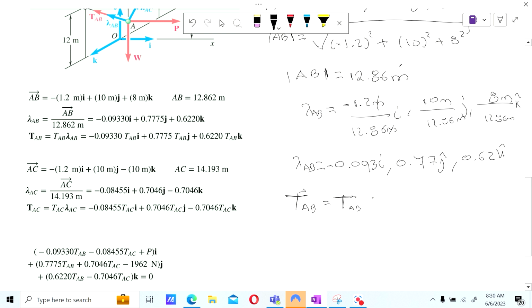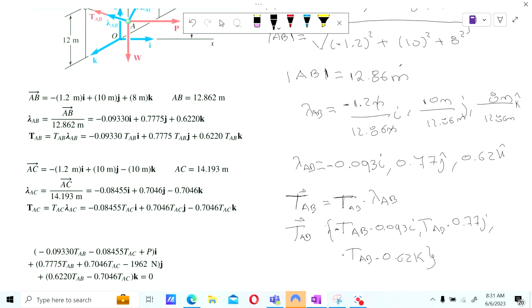Let's just do times lambda AB, and that is equal to TAB, the tension through AB, times negative 0.093 I, comma, TAB times 0.77 J, comma, tension at AB times 0.62 K. Okay, this is our vector component of the tension.